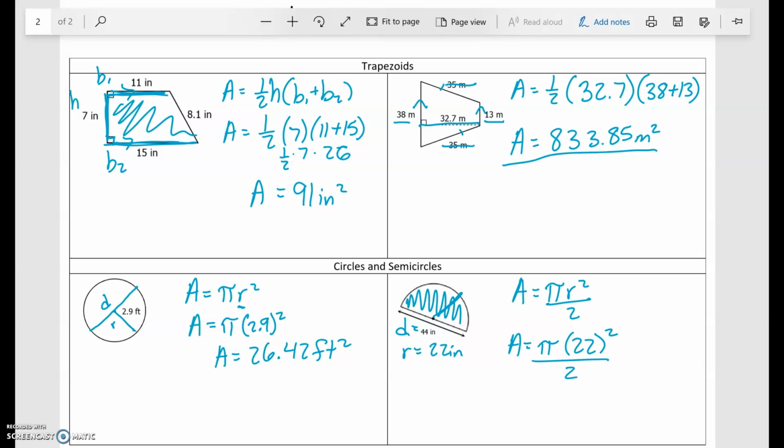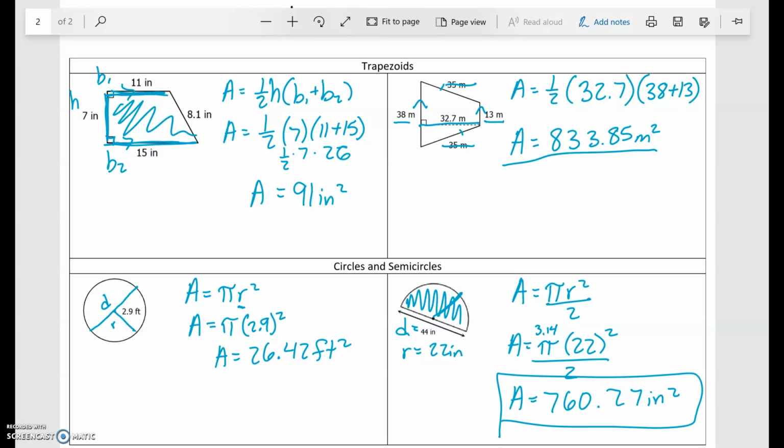Remember, order of operations states that we need to go ahead and square this 22 before we divide by 2. So it's going to be 22 squared times pi, which is approximately 3.14, all divided by 2, which is going to give us 760.27 inches squared.